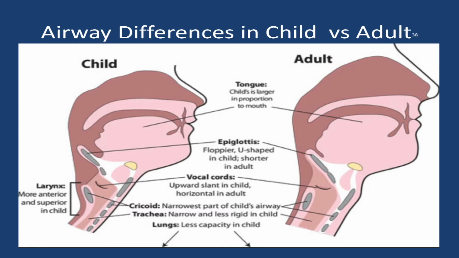The larynx tends to be more anterior and superior in the child compared to the adult, and the narrowest part of the child's airway is at the level of the cricoid cartilage. The trachea is narrow and less rigid in the child, and the lungs have less capacity in the child and therefore less functional airway reserve.